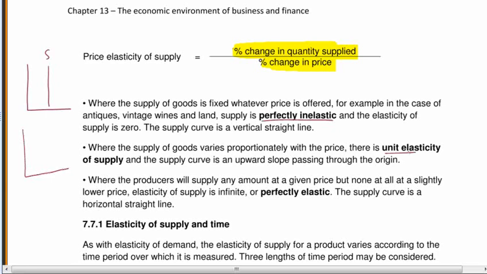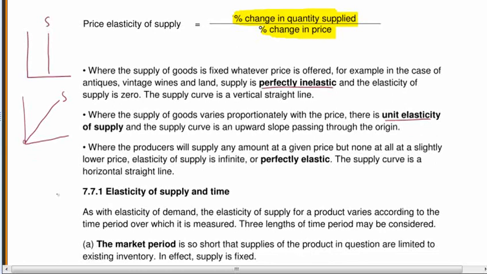You could have unit elasticity of supply, and that is any straight line which goes through the origin, through the intersection of the x and y axis. That's just a mathematical relationship. You can prove that to yourself if you've got nothing better to do tonight. Perfectly elastic, again, is a horizontal line.